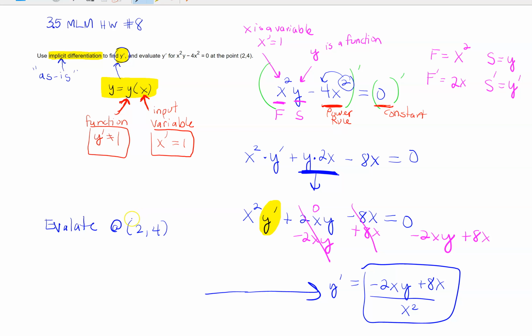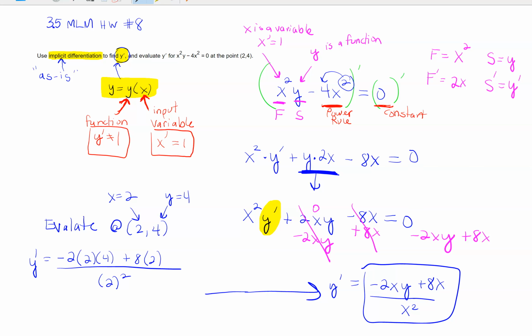That just means I'm going to plug in a 2 everywhere I see an x, and a 4 everywhere I see a y. So that's going to be -2 times 2 times 4 plus 8 times 2, all over 2 squared.